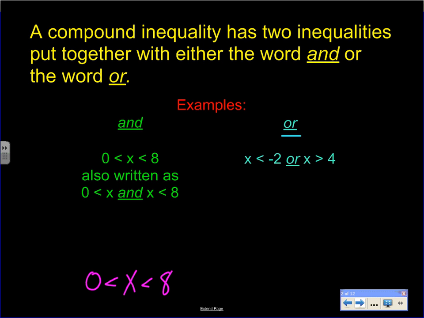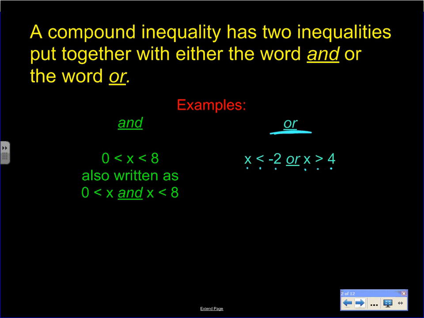On the right side here, we're talking about or. Or means that the number that we pick has to fit either this inequality or this inequality. So the values, the solution set of numbers here, x has to be less than -2, or x has to be greater than 4.